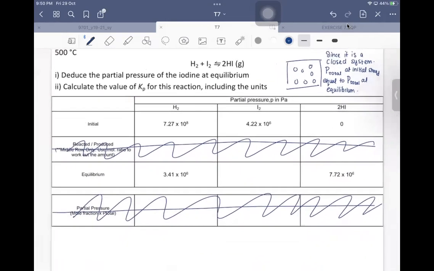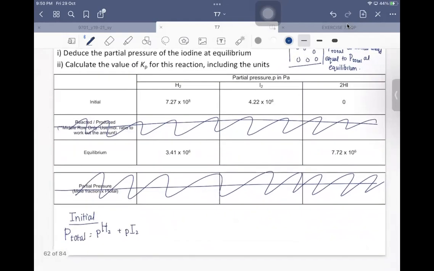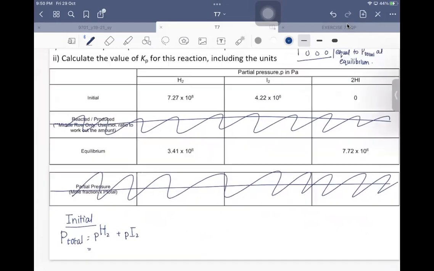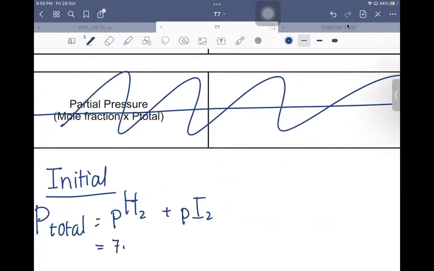So what I can do here is first I take the initial total pressure by adding the partial pressure of hydrogen at initial plus partial pressure of iodine at initial, and that is, let me make this bigger, 7.27.